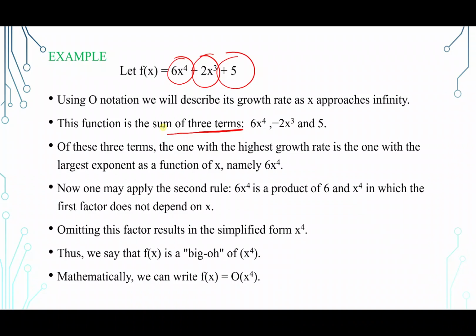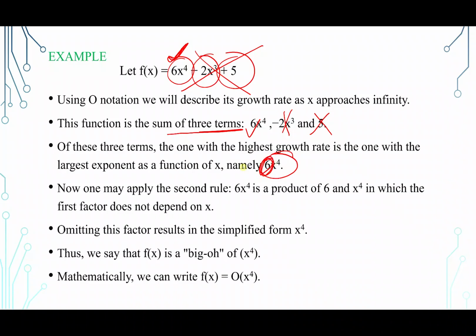So what we said is we are going to keep the greatest, which is this one. This is the greatest, and we are going to omit those. So we don't want this one, we don't want this one, just keep this one. Okay, we kept this one. Now, are there any constant factors? Yes, we have 6. This 6, we don't want it.